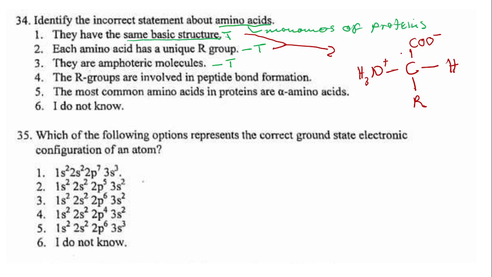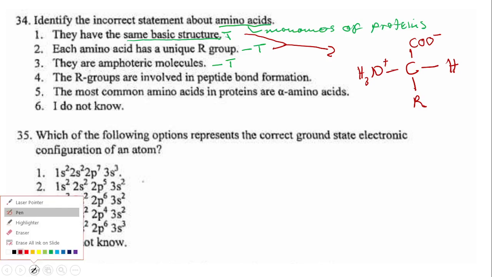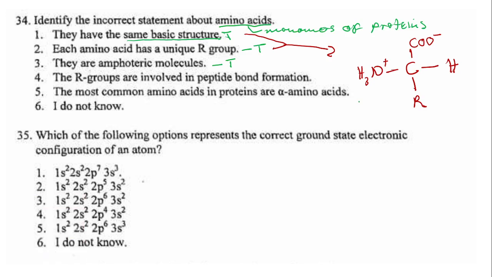And for this structure, what you need to understand is this part here is known as the carboxyl group. Take note of that. And then this one is known as the amino group.